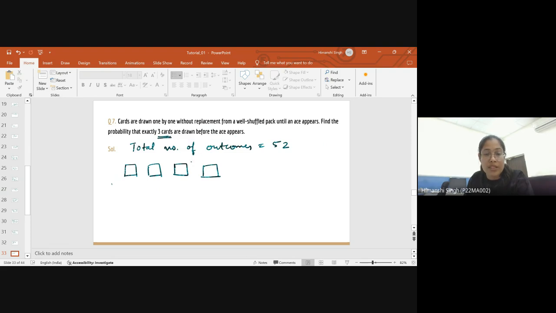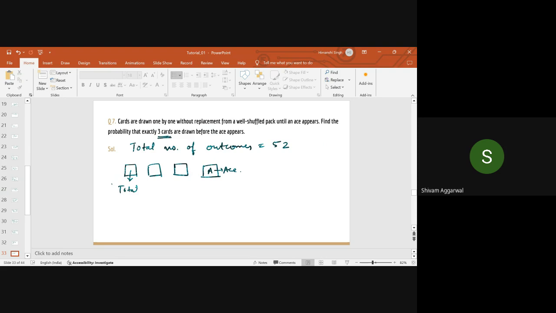So the first time the ace appears, it appears at the fourth draw. So here this is the ace. What is the probability that the ace will appear for the first time at the fourth place? First, how many possibilities are there for this card? Total 4.